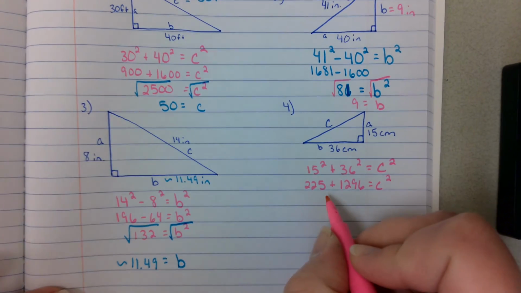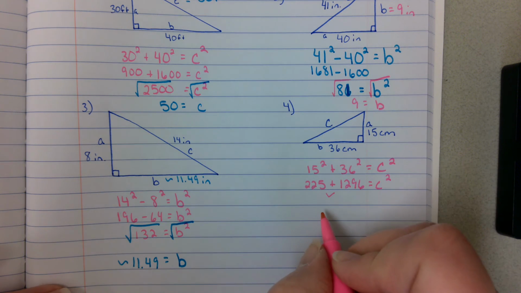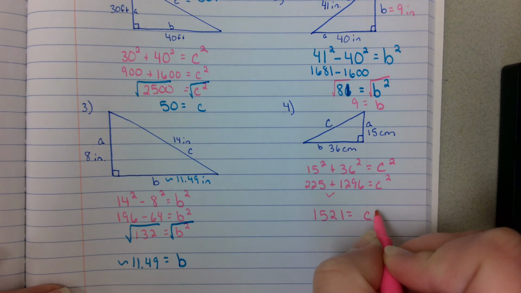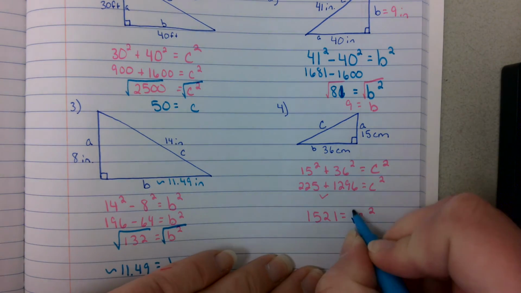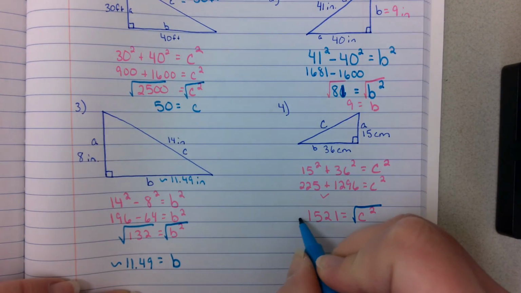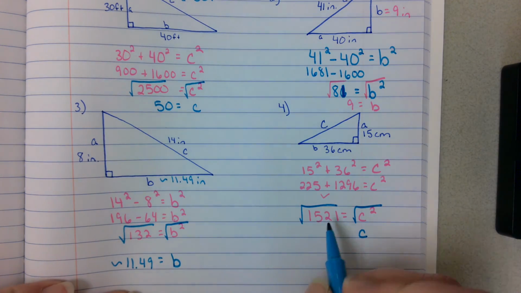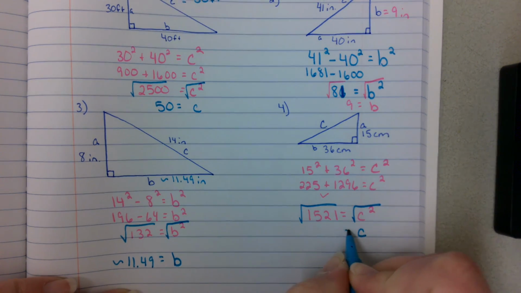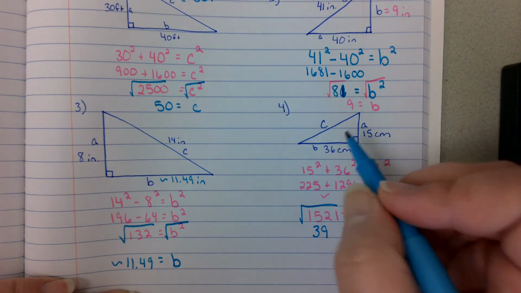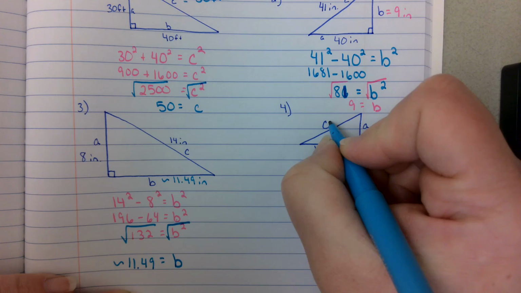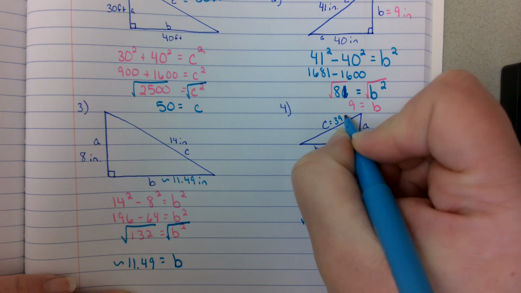All right, we need to add 225 to 1,296, and we get 1,521 is equal to c squared. And remember, we need to take the square root now of c squared to get c, and we take the square root of 1,521 to find the length of c, which is 39. So c is 39 centimeters.